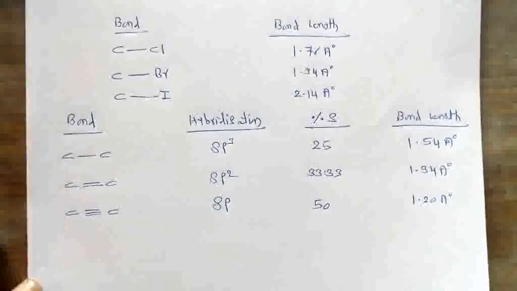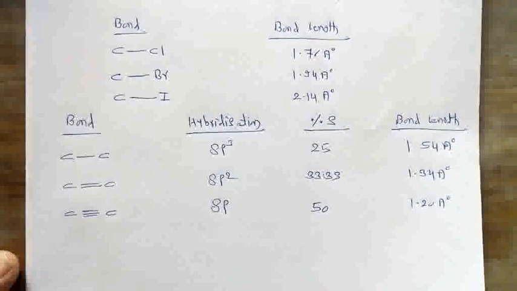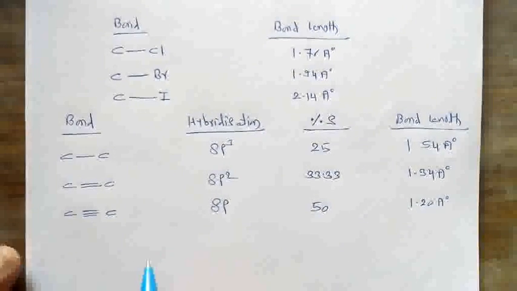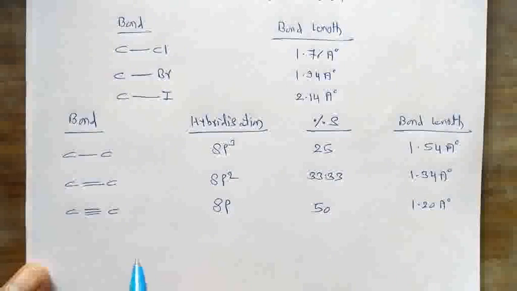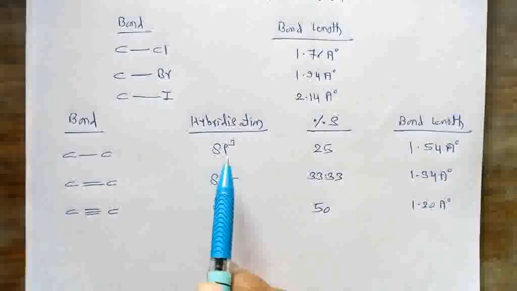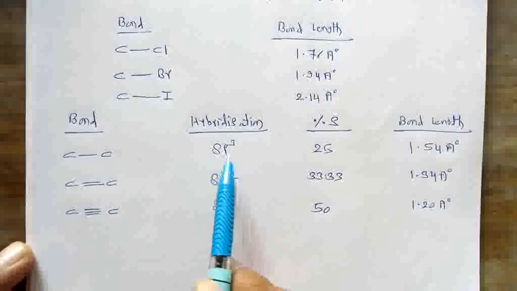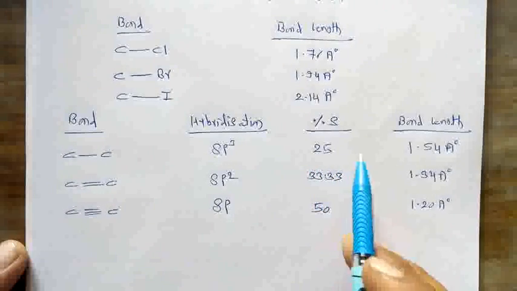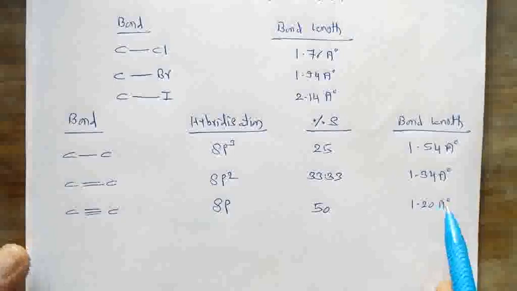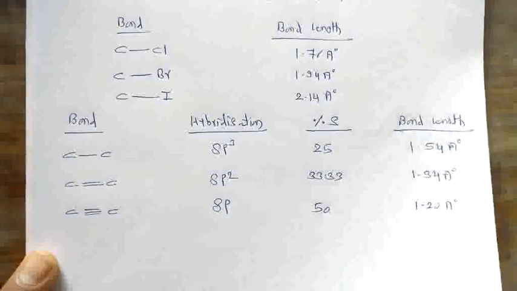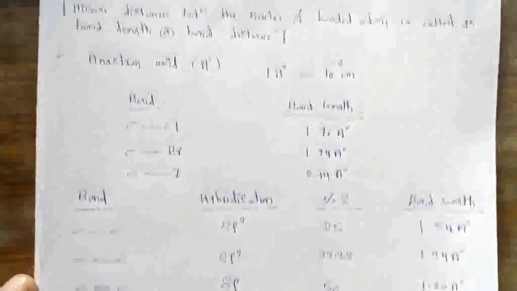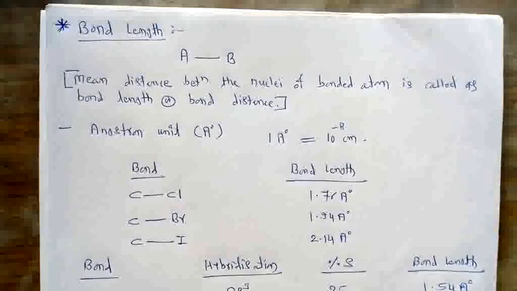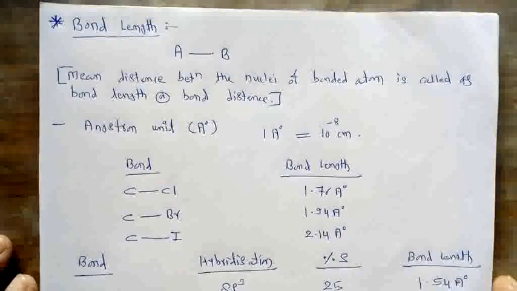So from this data we can say that the bond length depends upon the type of hybridization as well as the percentage of S character. It is very important as far as the magnitude of this particular bond length is considered.